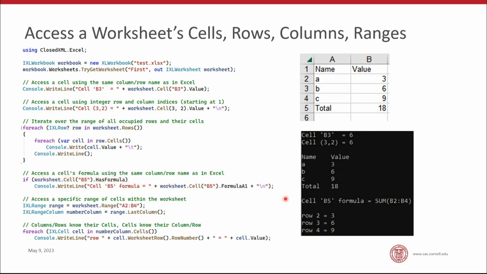I wind up printing out here the contents of the FormulaA1 property, which is different from the value property, which we thought was 18. And sure enough, the formula is the sum of the cells B2 through B4. So ClosedXML makes it very easy to tell whether a cell has a formula in it. And you can get to the formulas or the values at the same time.